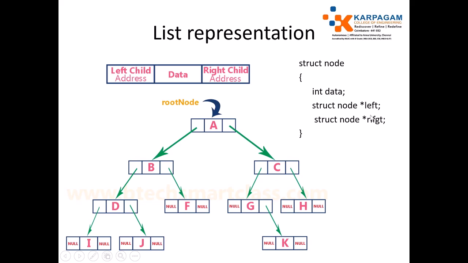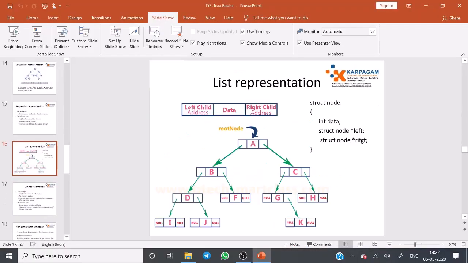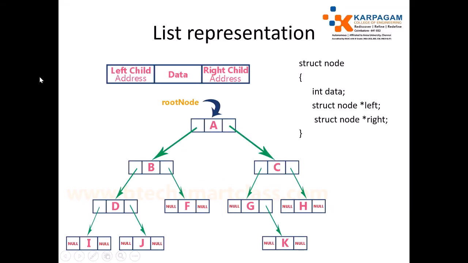See here, in a doubly linked list we have the address of the previous pointer, the address of the next pointer, and the data node. In a similar way, we have a data structure here, which looks like a doubly linked list. So each node possesses 3 divisions. One is the data division, and the left division is used to store the address of the left subtree.